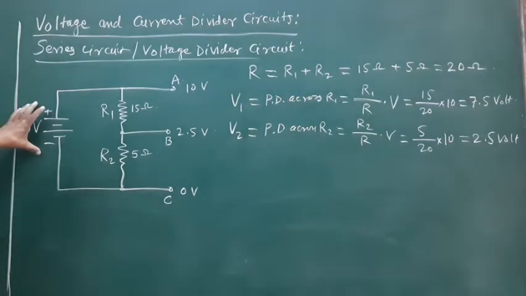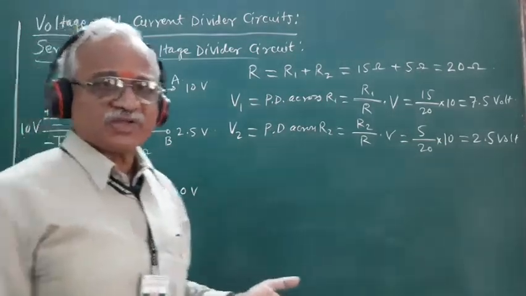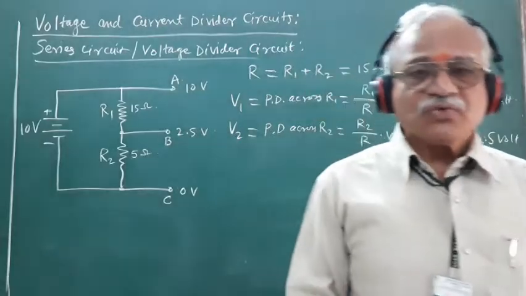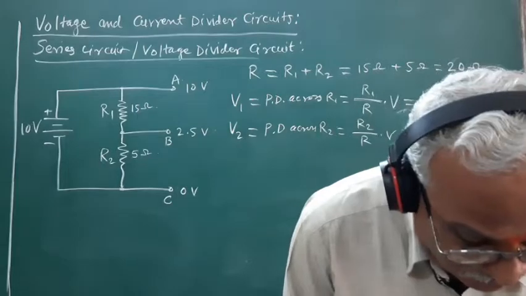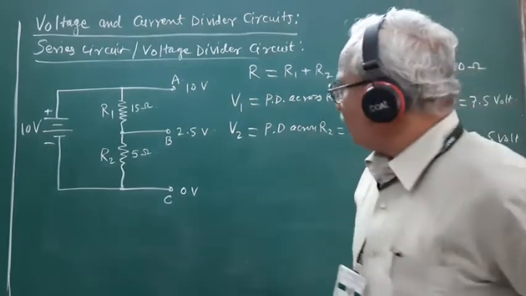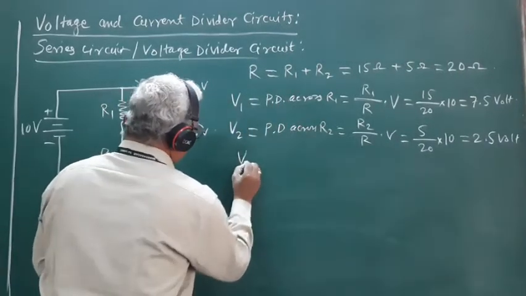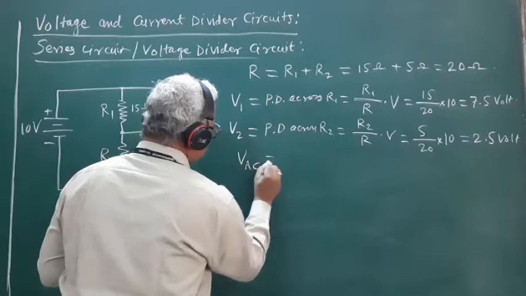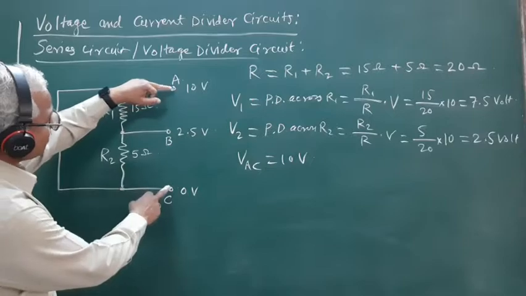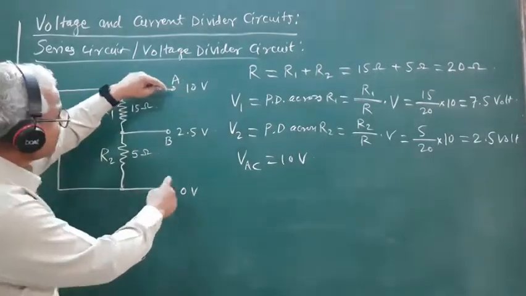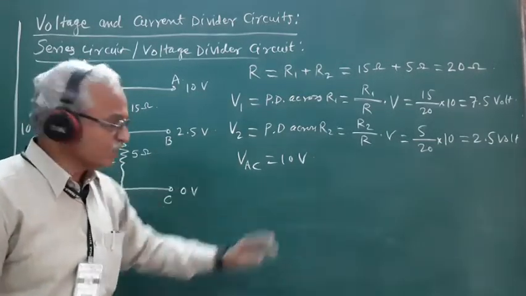So from a single source, we can now have three different potentials which we can use across a given load resistance. What are these three voltages available to us? The potential drop across the points A and C is 10 volt, so if we connect the load resistance across the points A and C, a voltage of 10 volt is available to us.